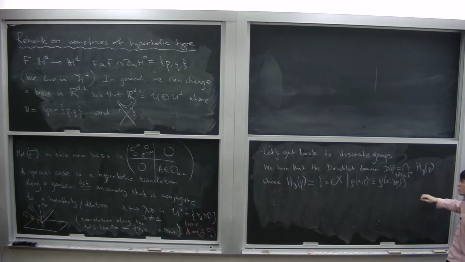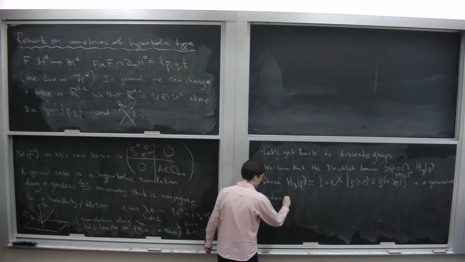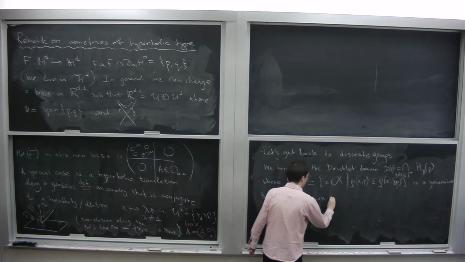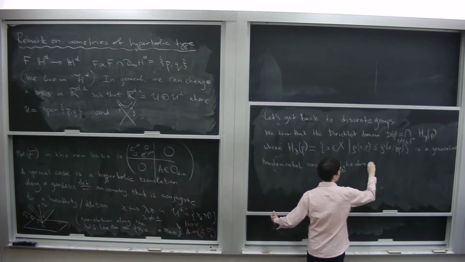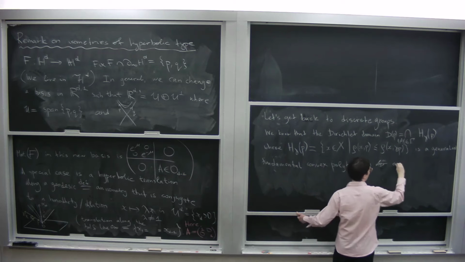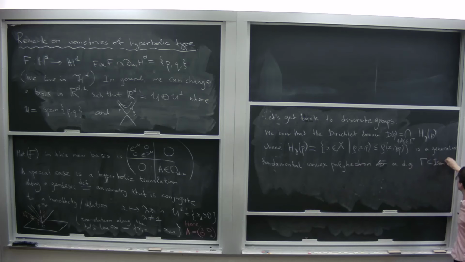So the Dirichlet domain is a generalized fundamental convex polyhedron for a discrete group gamma of isometries in the space X. Geometrically, the picture is like that.